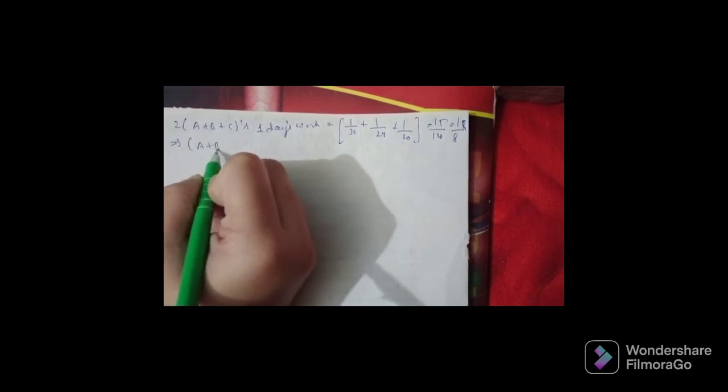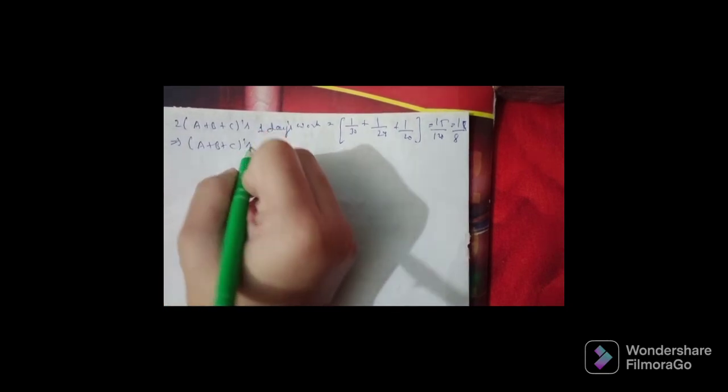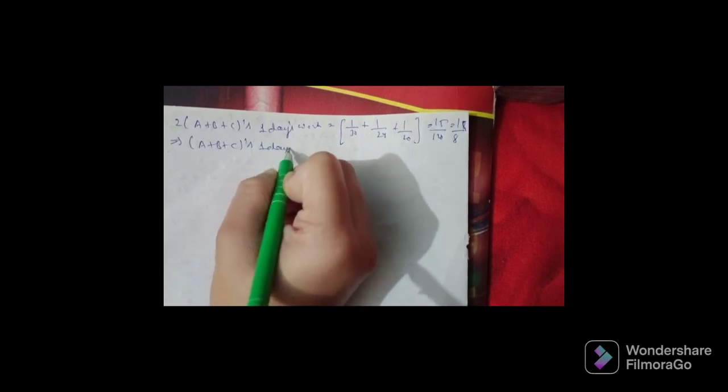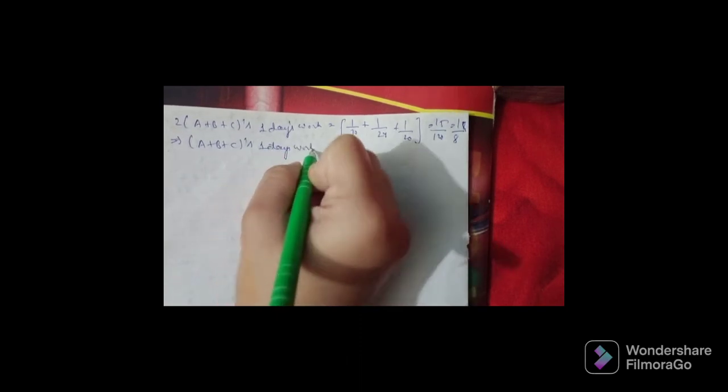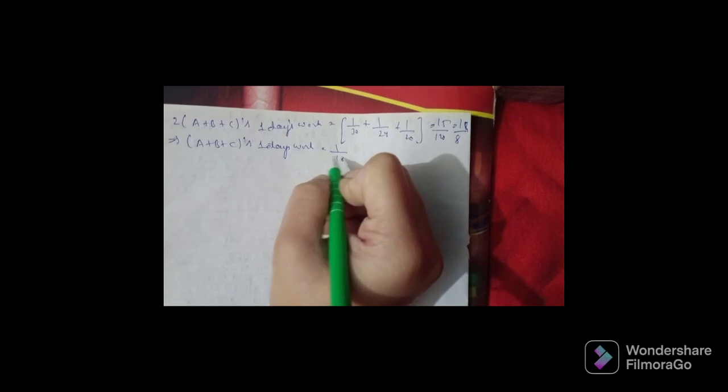So (a + b + c)'s 1 day's work equals 1/16.